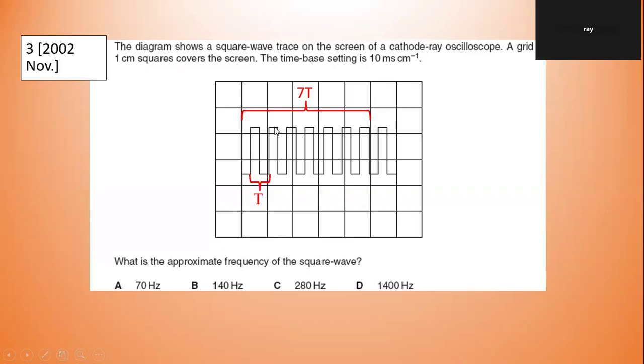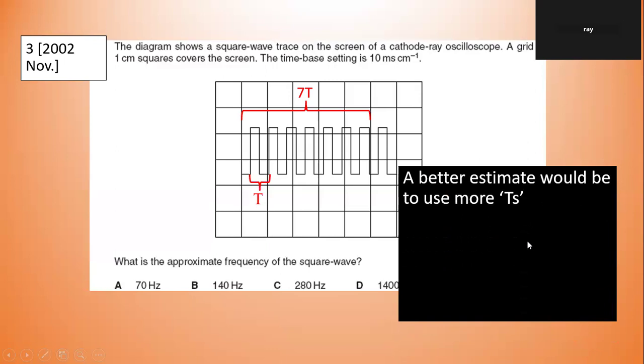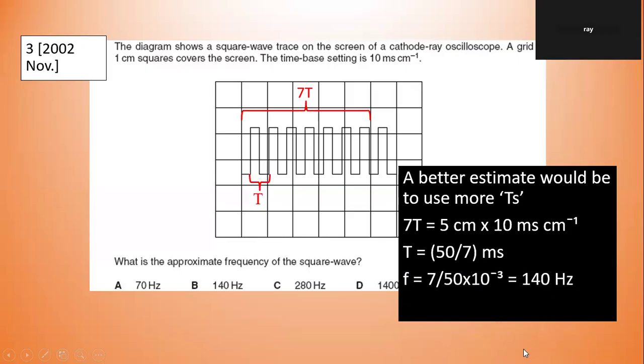Count 1, 2, 3, 4, 5, 6, 7. 7 periods equals 5 cm. Right? 0, 1, 2, 3, 4, 5, 5 cm. And the time base. And the period is... 140 hertz.